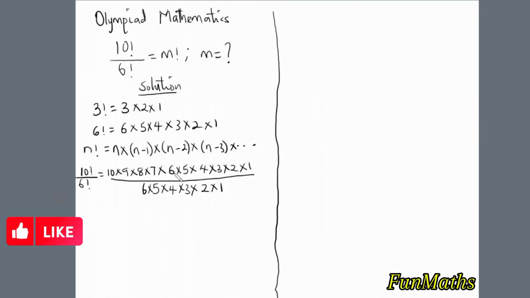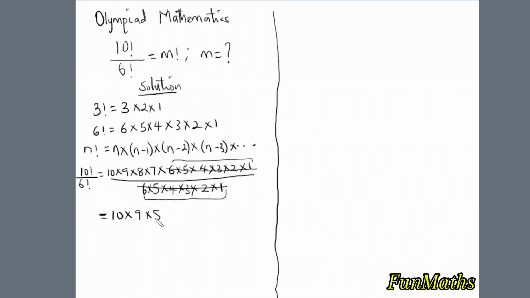Now, we can divide the number at the top and at the bottom. You discover that we have 6 factorial from this part down, and we also have it in the denominator. So you can just cancel out everything here against the numerator. So we are left with 10 times 9 times 8 times 7.